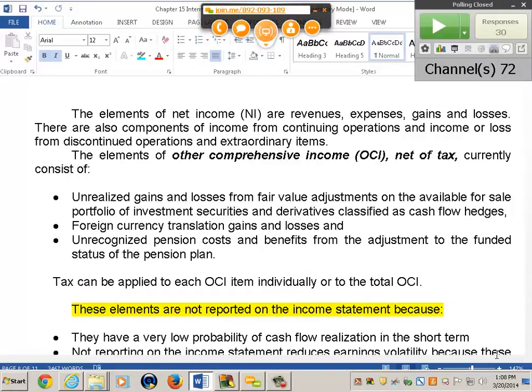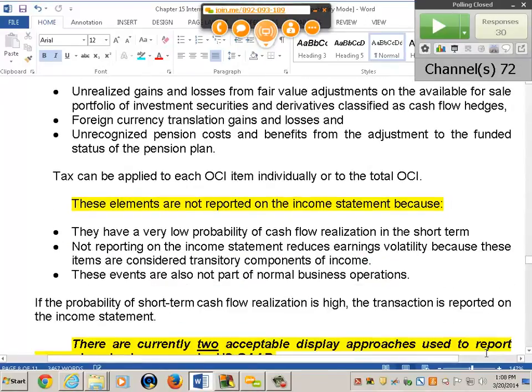Now, again, we keep these off of the income statement because of these reasons: low probability of cash flow realization in the short run, the volatility in these items, and the fact that it's not part of normal operations. To give you an example, just look at the pension plan adjustments. Take any large corporate pension plan.